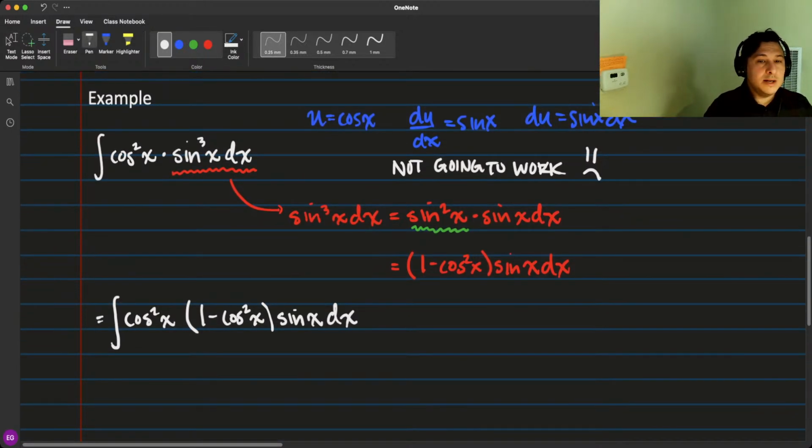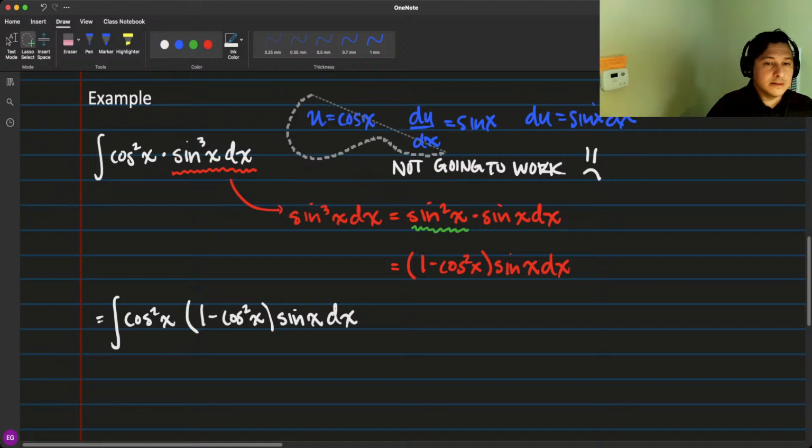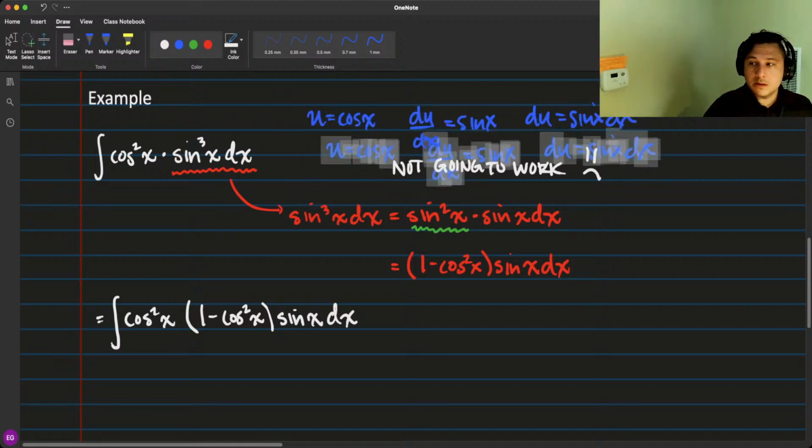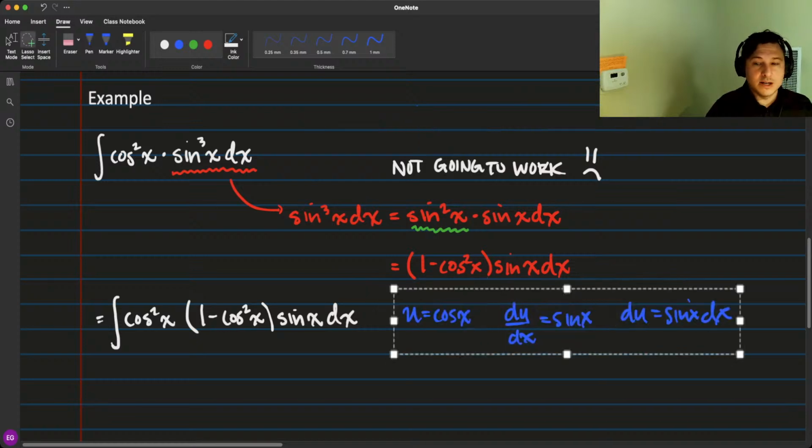Okay. Now we can make some substitutions here. And actually, I made a mistake earlier. What mistake did I make here in blue?